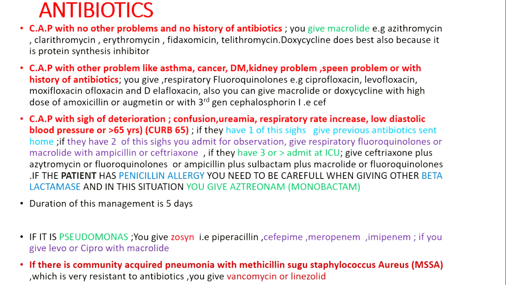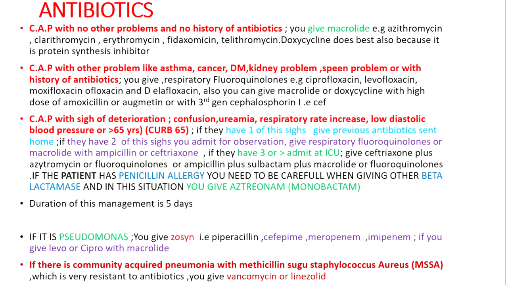If you give levofloxacin or ciprofloxacin, you must add a macrolide. So you should think of adding a macrolide if you give fluoroquinolones in managing Pseudomonas. If there is a community-acquired pneumonia with methicillin-sensitive Staphylococcus aureus, which is very resistant to antibiotics, you can give vancomycin or linezolid.